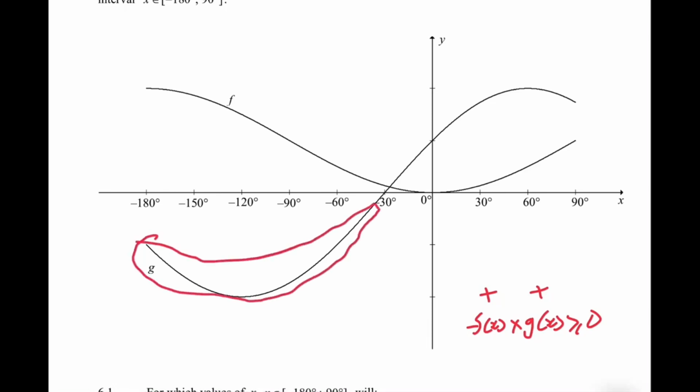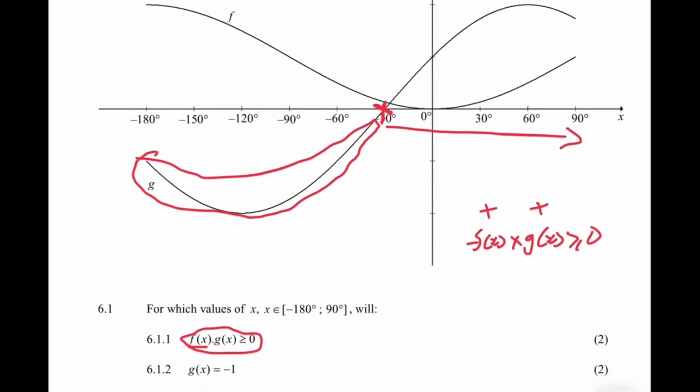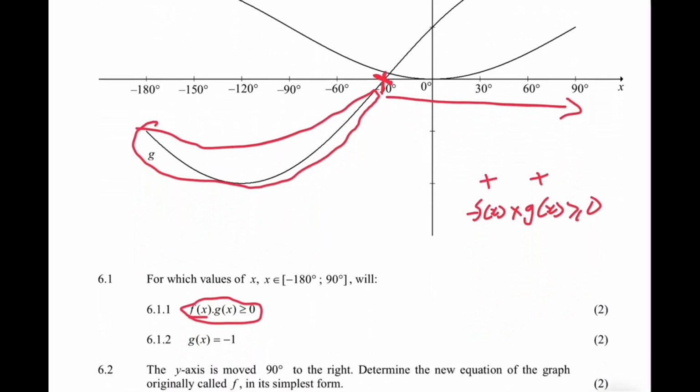And at minus 30 it's 0. So here is where it starts getting interesting. And f of x is positive on the interval we are given. So from minus 30 degrees to where the graph ends, the product of f of x and g of x is greater than or equal to 0. So our answer here will be x is an element of minus 30 to 90 degrees.